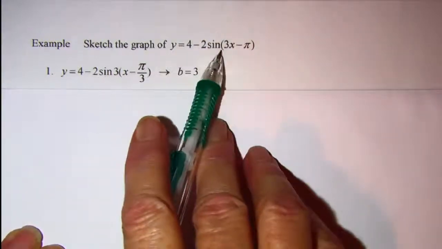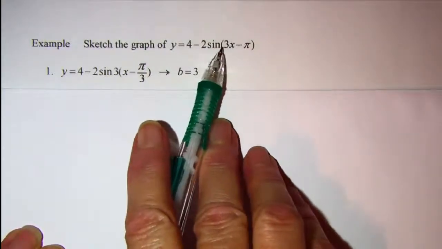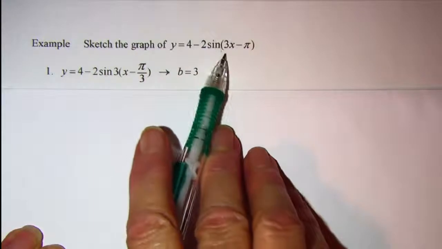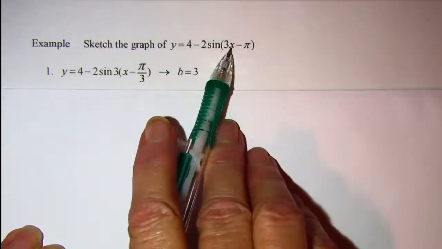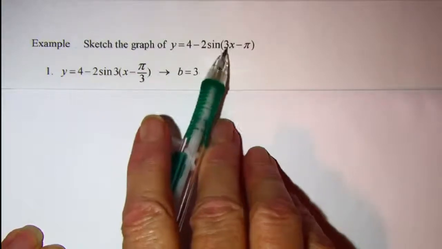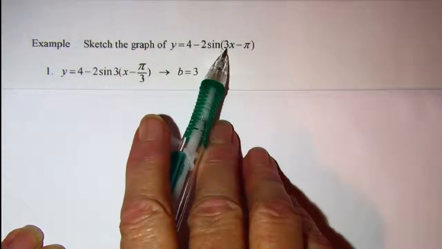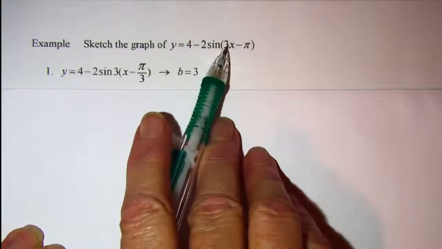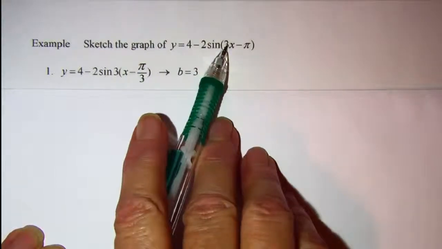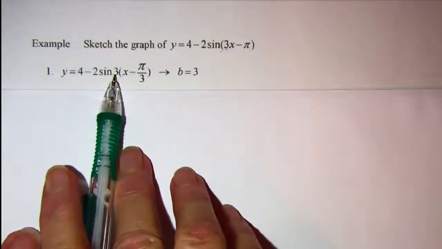Because our sine is bumping up against the parentheses right here, and then our x, our variable, has a coefficient, we want that to be 1. So anytime you have a number being multiplied by x, you need to first factor it out of the parentheses so that it's written out here.